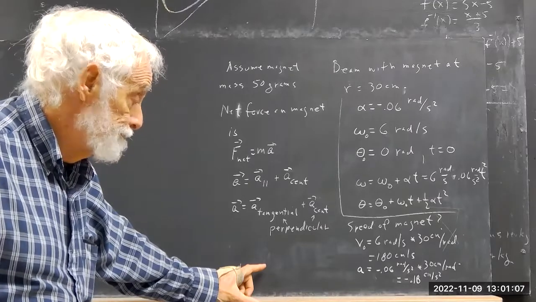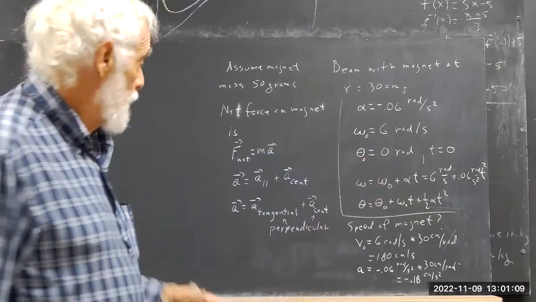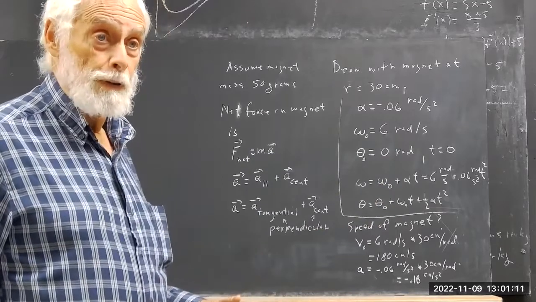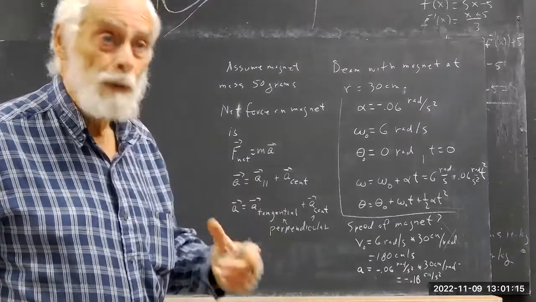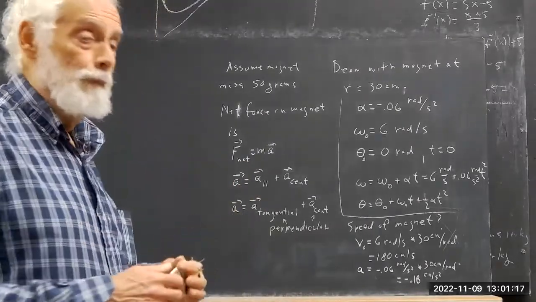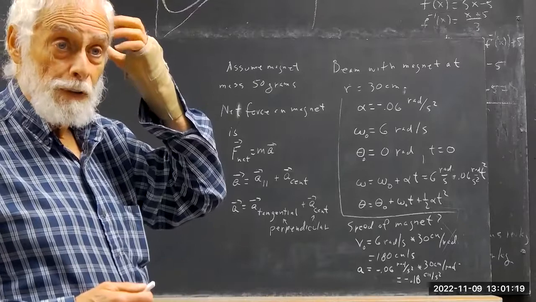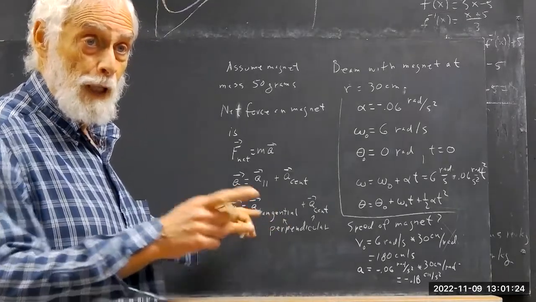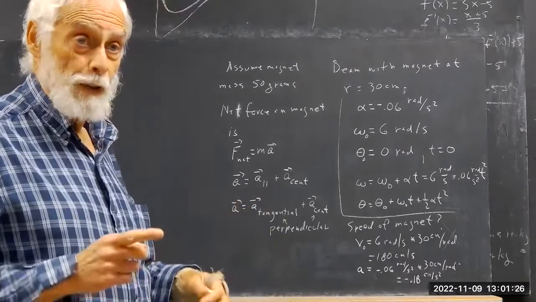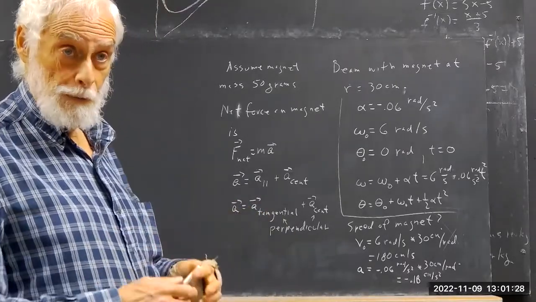So tell me now, work it out. What's the magnitude of your acceleration here? And what's its direction? Now, the direction keeps changing in space. So let's say, what's its direction compared to the tangential direction? What angle does the acceleration vector make with the tangential vector?